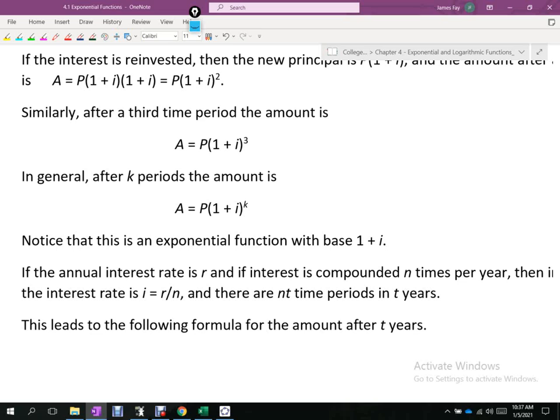If we compound, let's say, semi-annually, we go 6 months and we compound. What's going to happen at that 6-month mark is that I'm not going to get that full 20%. That first 6 months, I'm only going to get 10%.